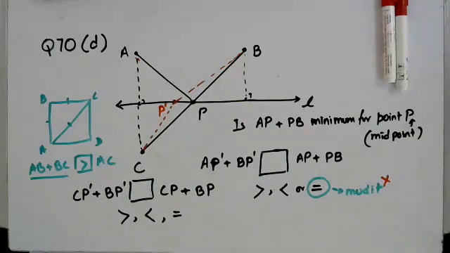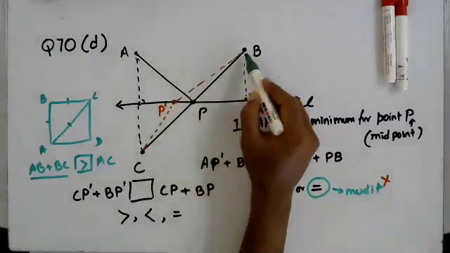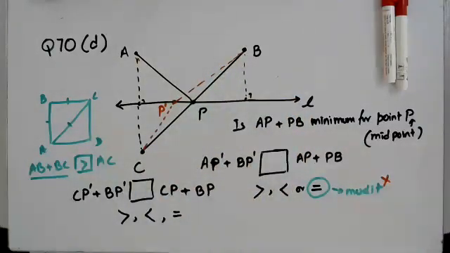Yes, sir. So look at this diagram now. It's like CP dash and B dash B P dash. So what sign will come here? That's what I'm asking you. Sir, I'm not sure.